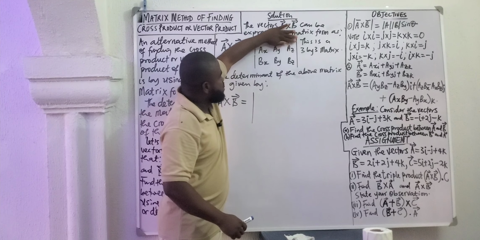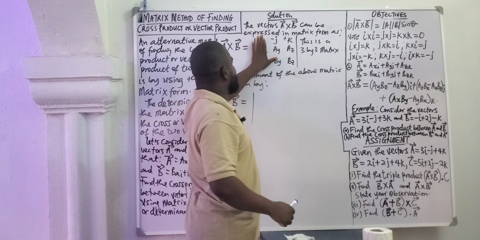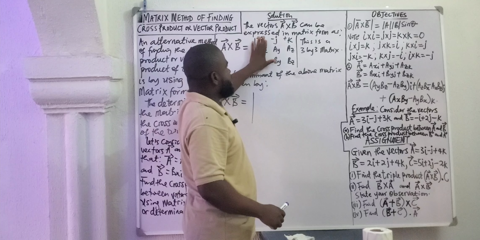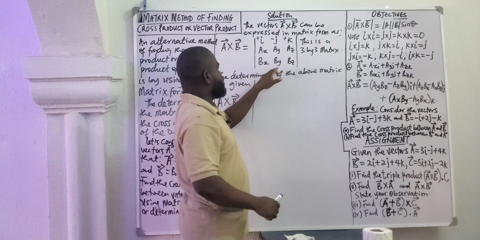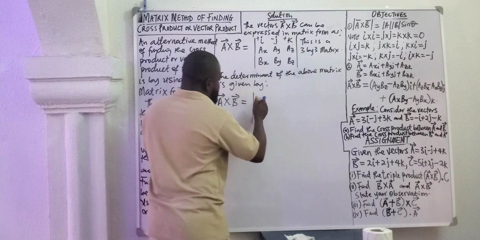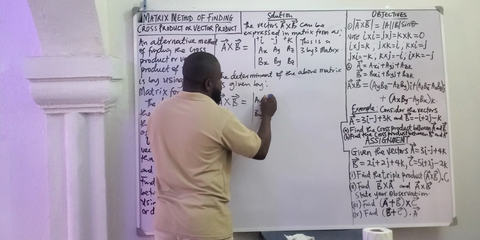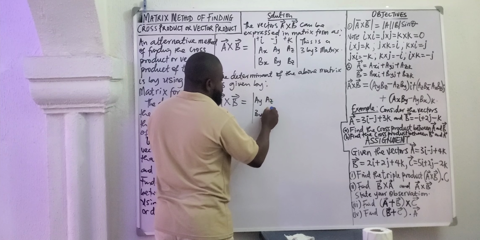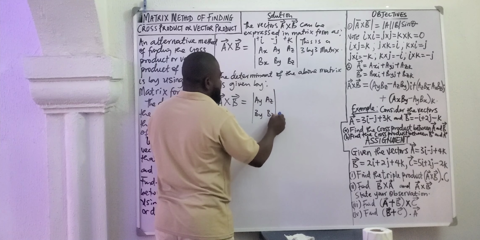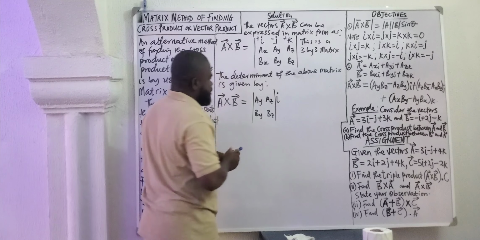That's the row for that i, and that's the column for this i. So what I will have left will be these elements. I'm going to take them as AY, BY, AZ, BZ, multiplying the unit vector i.